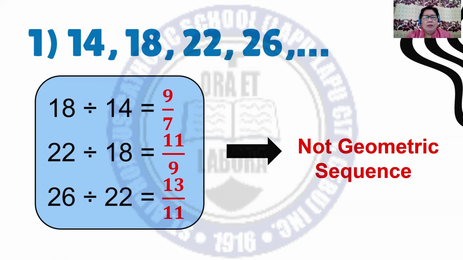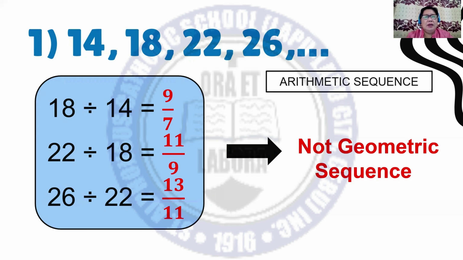Meaning, this is not a geometric sequence because we do not have a common ratio. But we can consider this as an arithmetic sequence because we can find a common difference, which is 4.